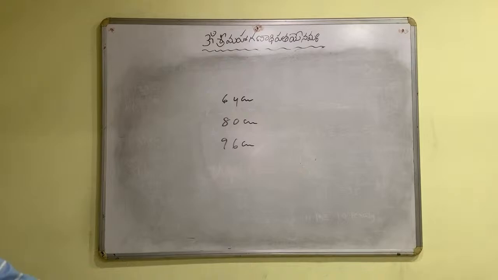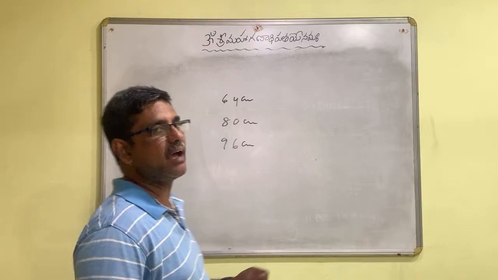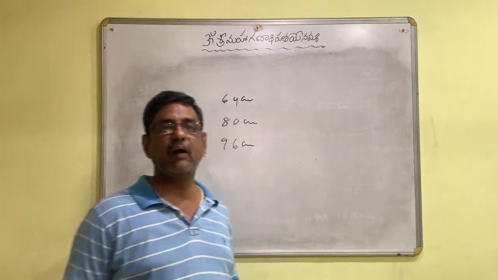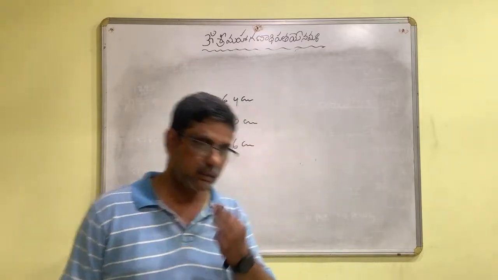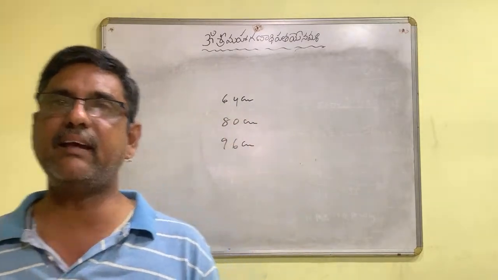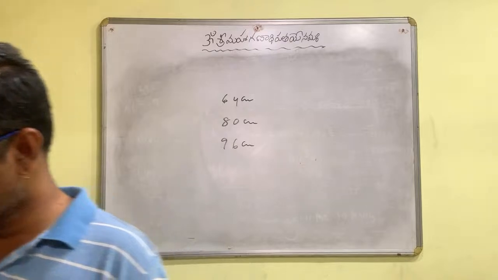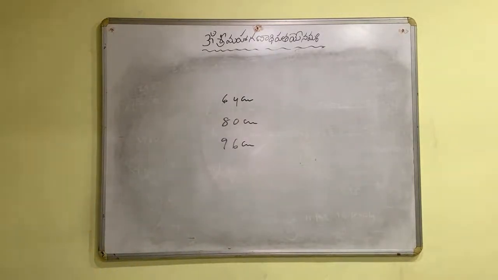Means without having any gap, we can measure that cloth an exact number of times. The word least, we got it now. We need to find out the LCM.